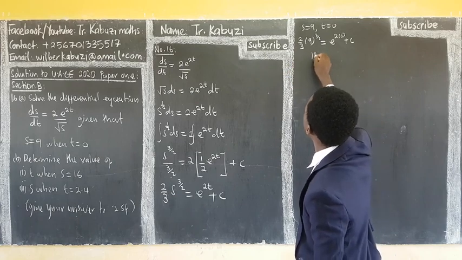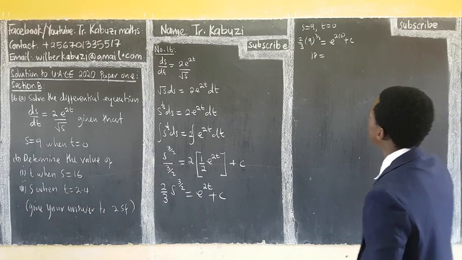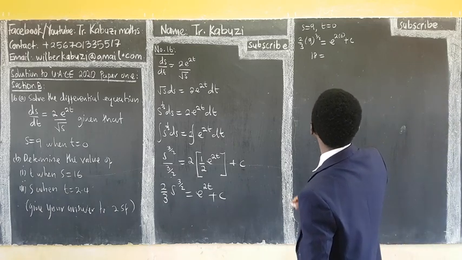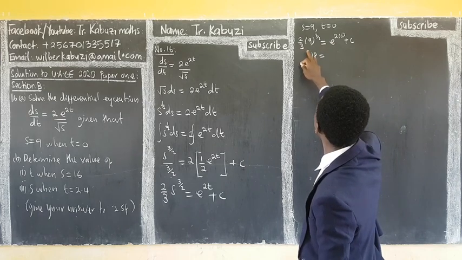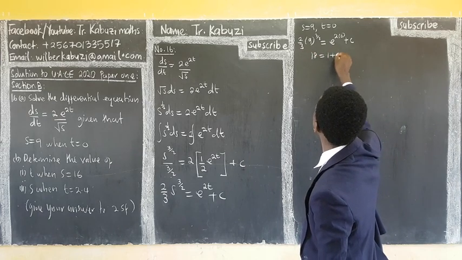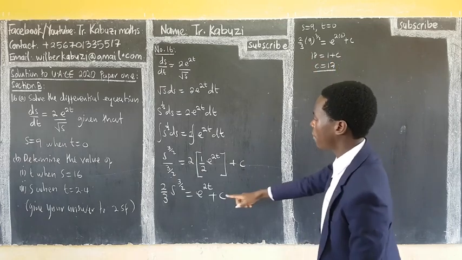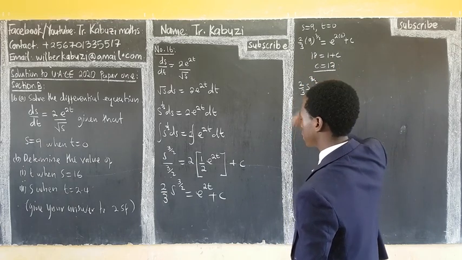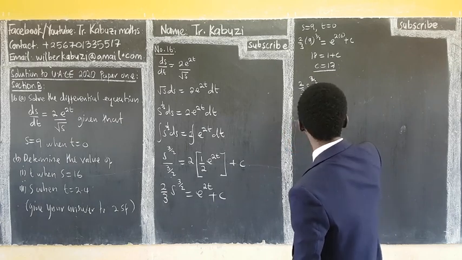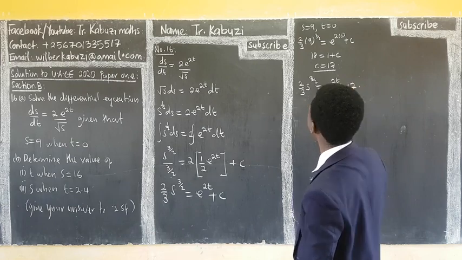So we have here 18 equaling to 2 plus c, so c is 16, or 17? So now, dividing it back, 2 over 3 s to the 3 over 2 equaling to e to t, then plus 17.